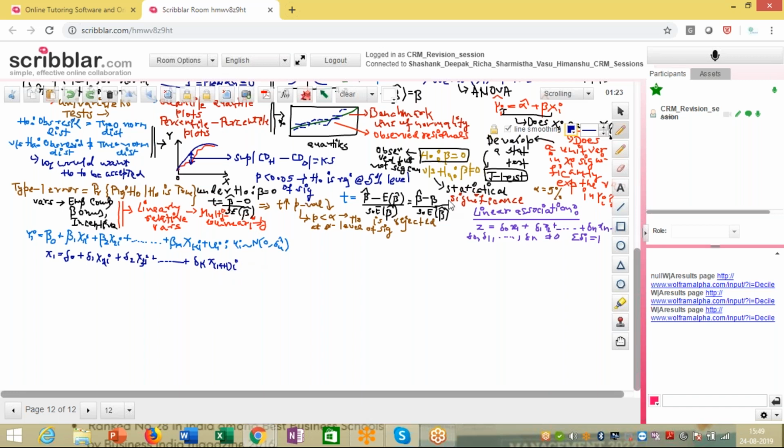So this x1 is written as a function of all the other variables.